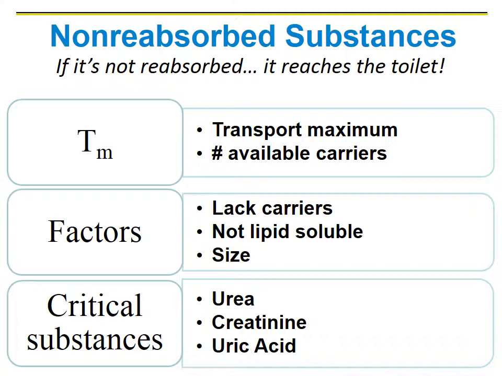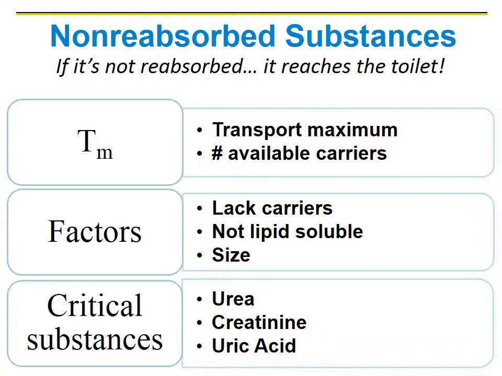There are several factors that affect the transport maximum, or TM, of a substance. Carriers. Have the simple cuboidal cells made enough carrier proteins to move the substance? Solubility. Polar molecules have to move across carriers, but lipid-soluble nonpolar molecules are soluble directly across a cell membrane.